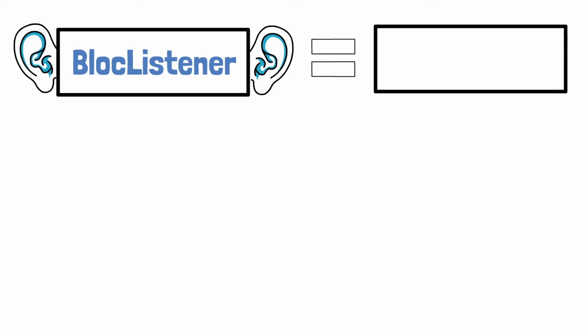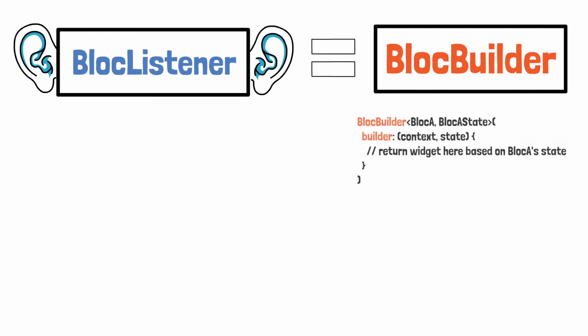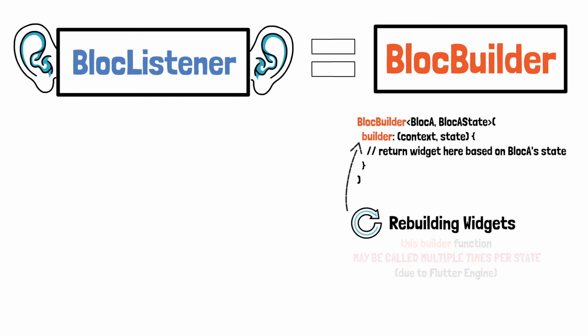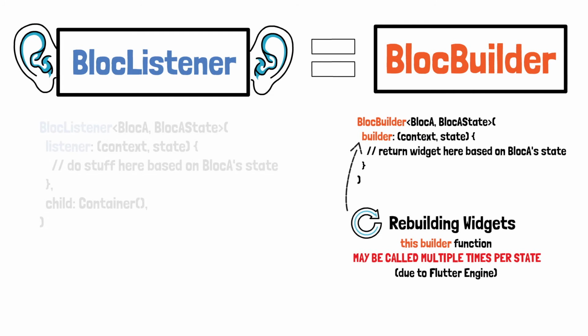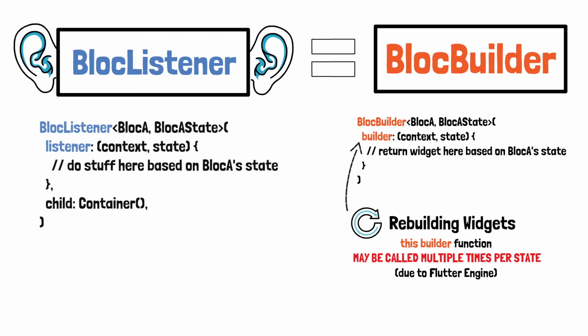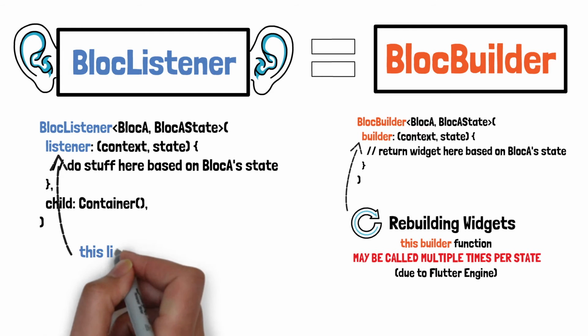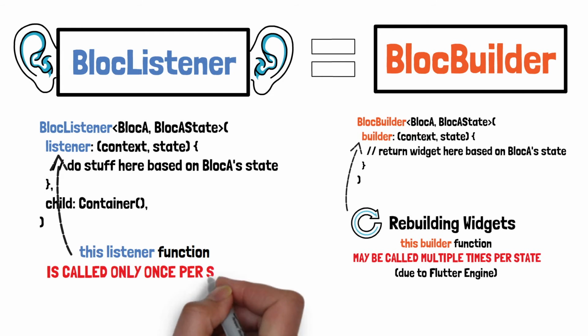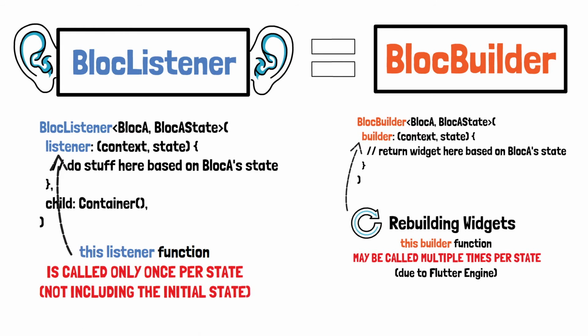As its name suggests, this is a Flutter widget which listens to any state change, as BlocBuilder does. But instead of rebuilding a widget, as BlocBuilder does with the builder function, it takes a simple void function called listener, which is called only once per state, not including the initial state.